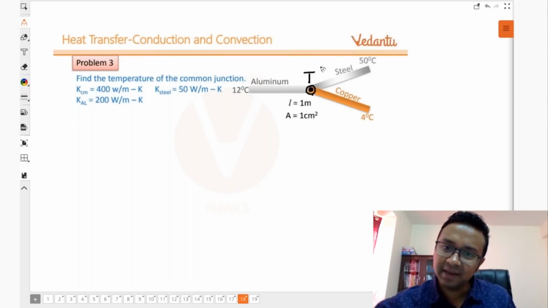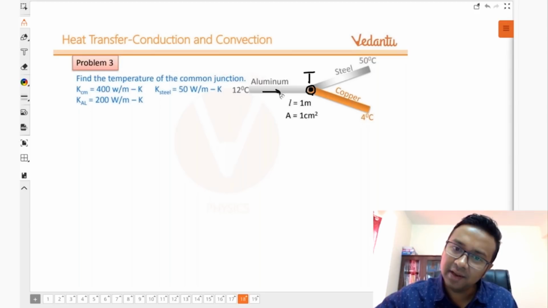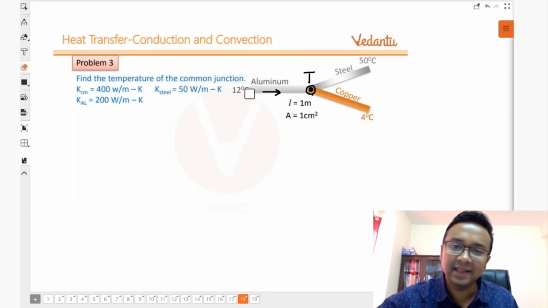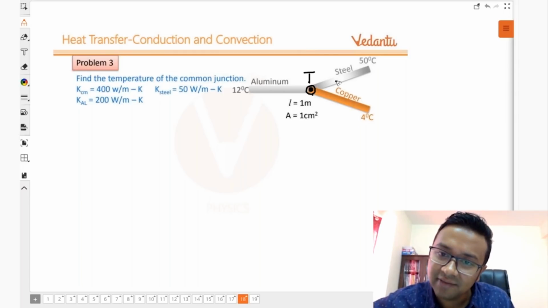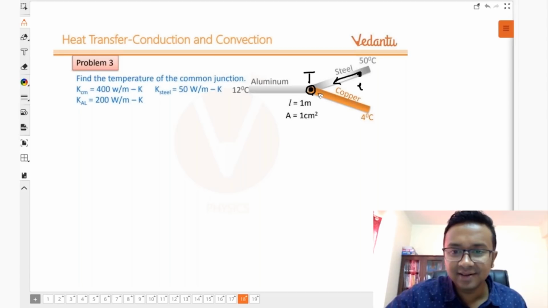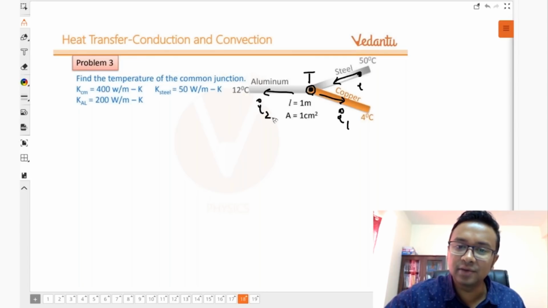So let me assume the current coming from the higher temperature value. Let's say I is coming through this, I1 is passing through this, and I2 is going through this.